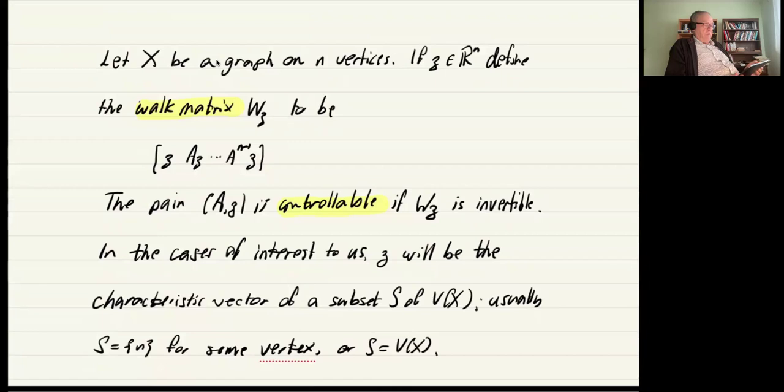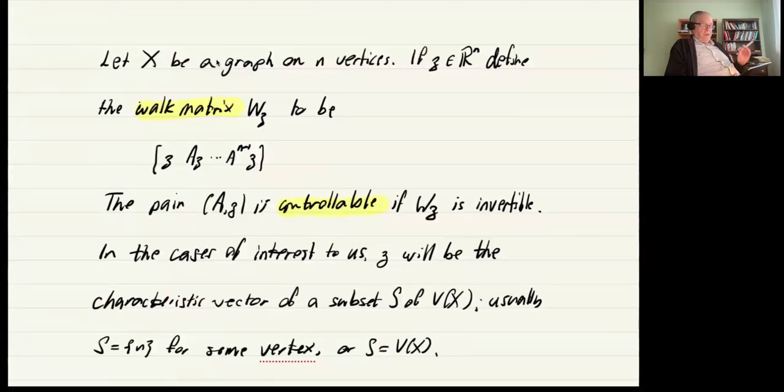So if I have a graph on n vertices, and I pick a vector z, I'm going to construct this matrix. I just apply the powers of A to z. Okay, so I get an n by n matrix, and I'm calling that the walk matrix of z. And the definition is that the pair, the adjacency matrix and the vector, is controllable if this matrix is invertible.